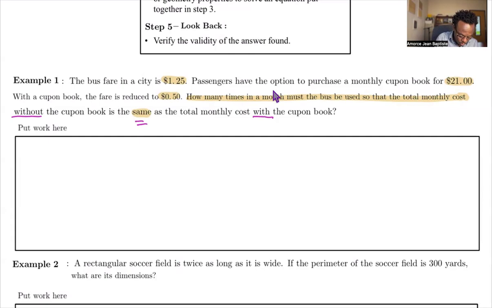So then I say let X be, so I did two things here. I read the problem, I reread it, and then I'm interpreting it. Let X be the number of times the bus is used in a month.